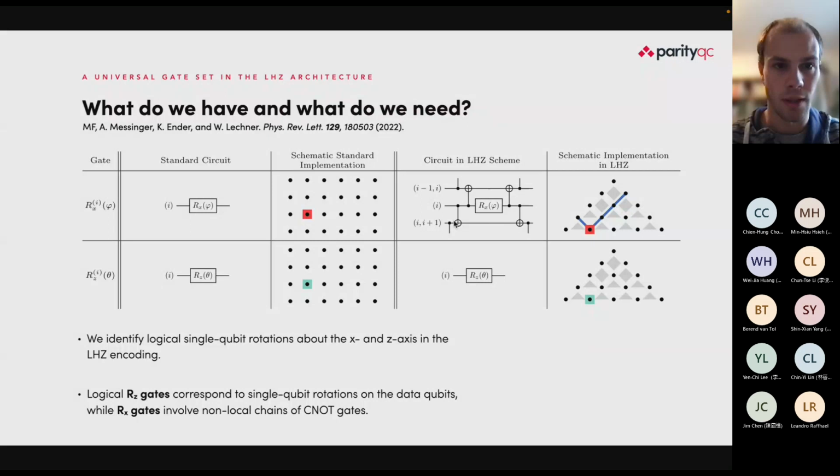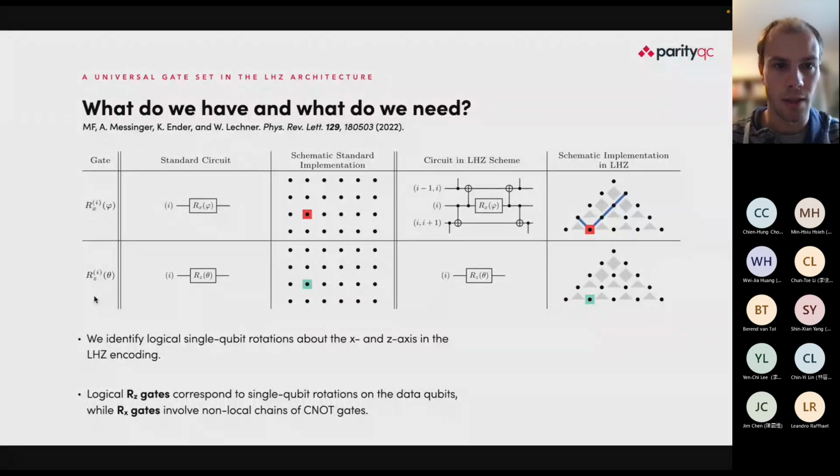And if we now wrap up what we saw previously, we know that we have our x rotations in the logical frame and also our z rotations. And because these are arbitrary rotations about non-parallel axes, by using Euler angles, we can construct any arbitrary rotation on the single qubit Bloch sphere.